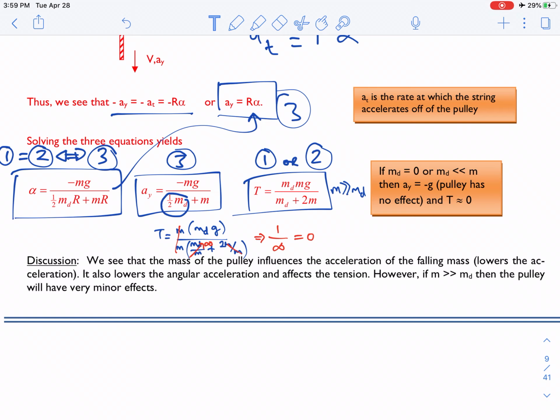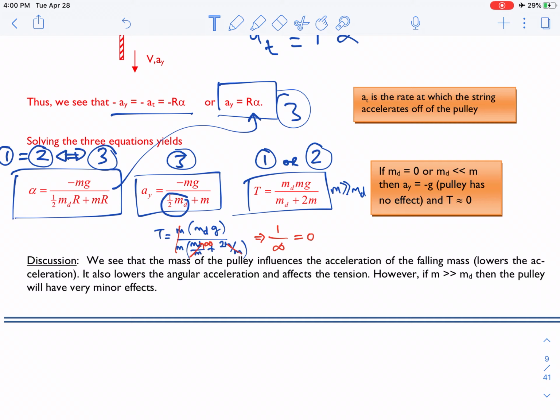That's the beauty of solving problems with symbols, because you can see specifically what it depends on. But again, if M was much greater than MD, where M is the suspended mass and MD is the pulley, then the pulley will have a very minor effect, and we use that to make sure that our answers make sense.